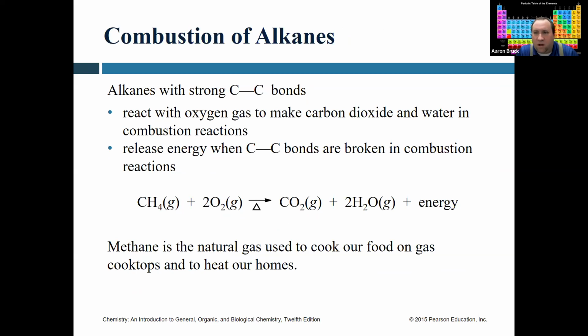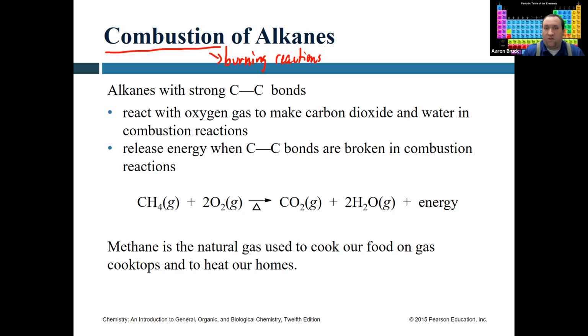The last thing that we want to know out of this particular section is about these combustion reactions. So combustion is just a way of saying burning reactions. So when alkanes burn, what happens? Well, what happens is the oxygen in the air is going to react with the different components of the alkane.